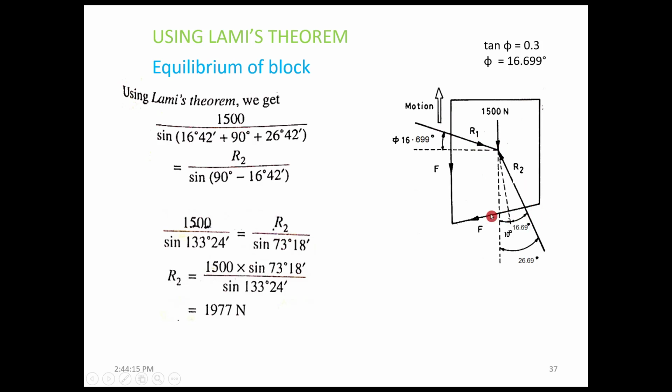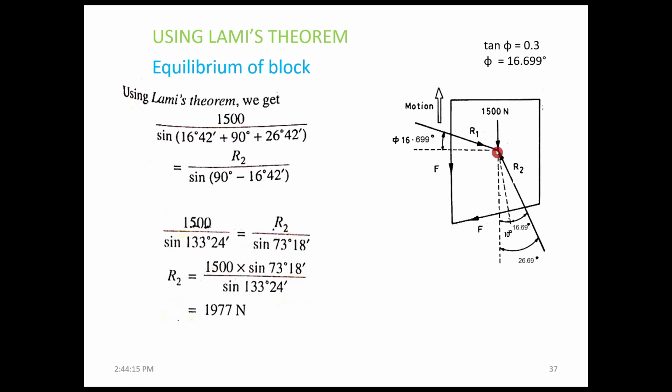The wedge is actually lifting the body, so the body is moving up, and we have phi equal to 16.699. This is the angle between the reaction and the horizontal. R2 is the reaction from the wedge, and we have the different angular values. So we can consider that all the forces are passing through a common point.